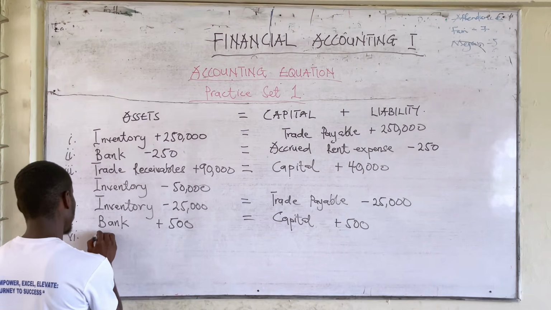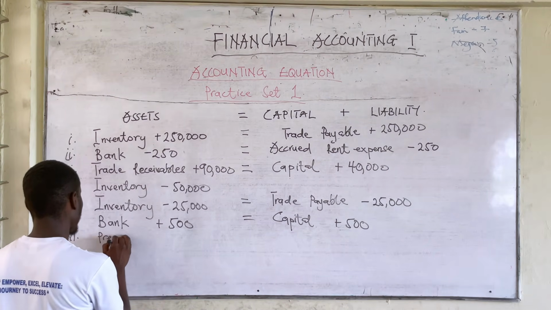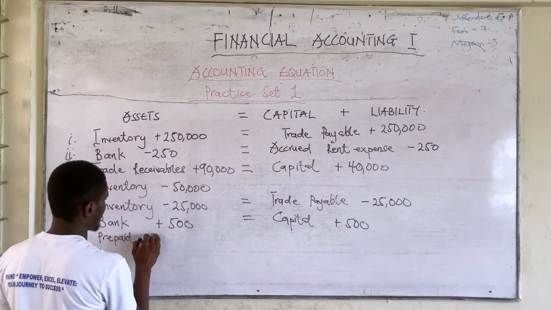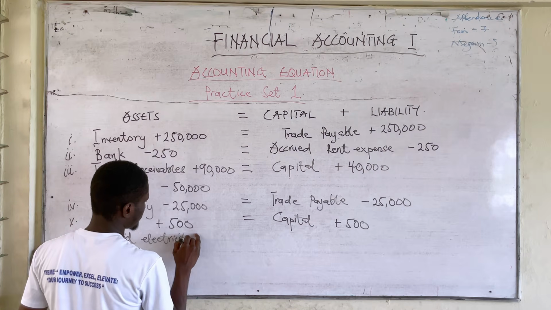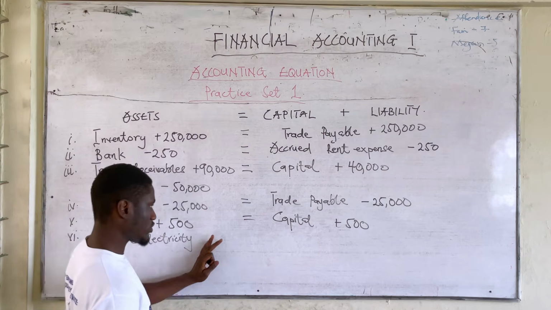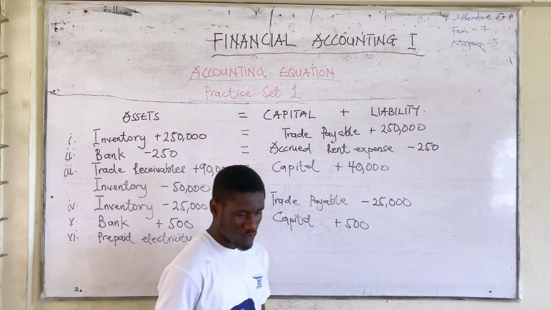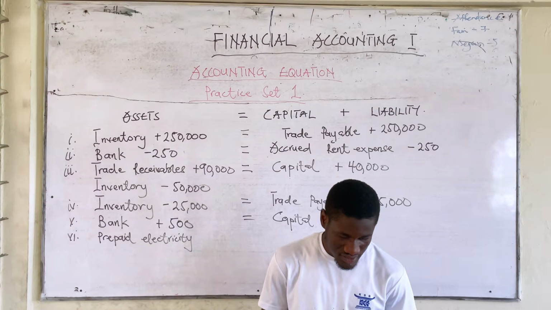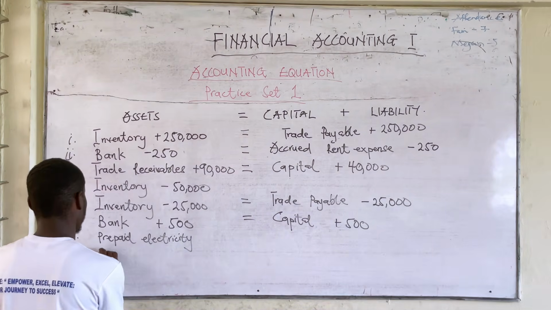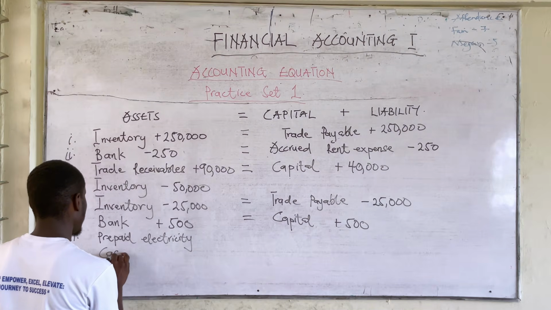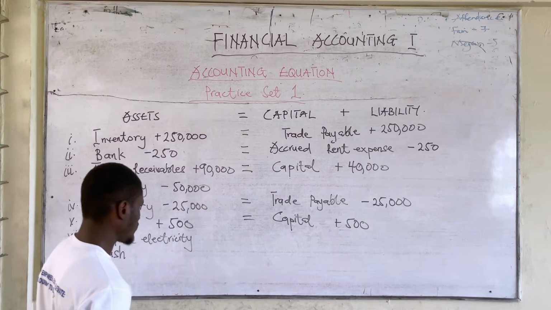Okay, so prepaid electricity. So we found one account and the other account is cash, which is also an asset. Good.